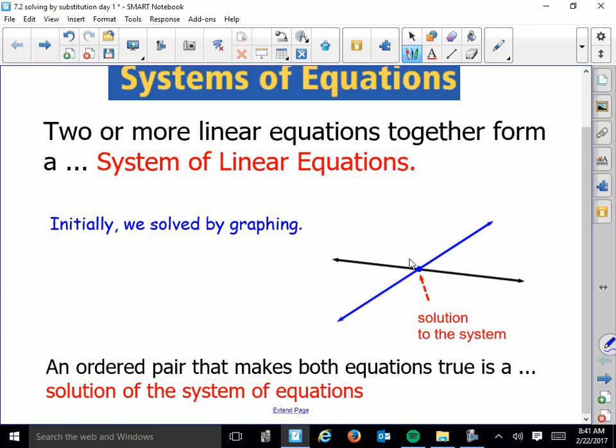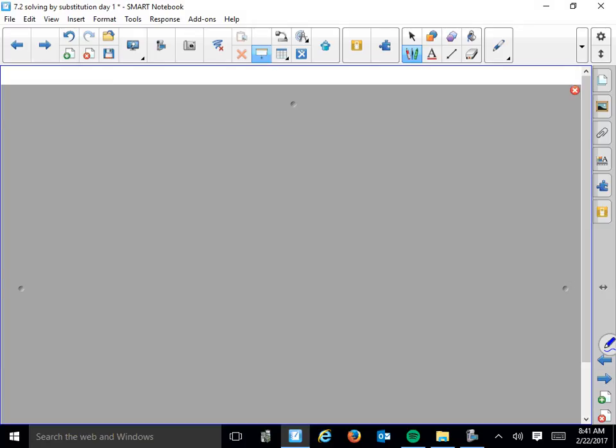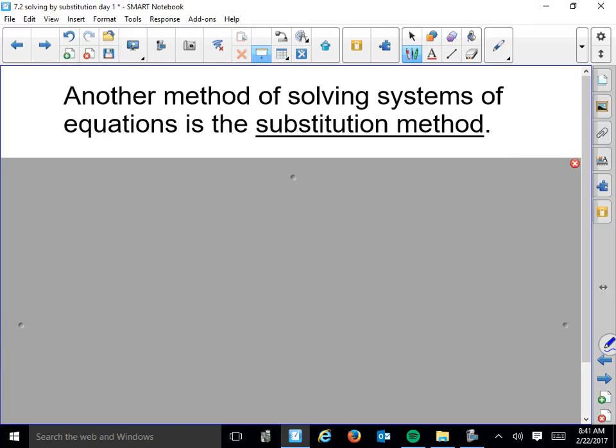Now, keep in mind, yesterday we also looked at a couple of examples of a system that did not have any solutions, or a system that had an infinite number of solutions. So today, the method that we're going to learn is the substitution method.